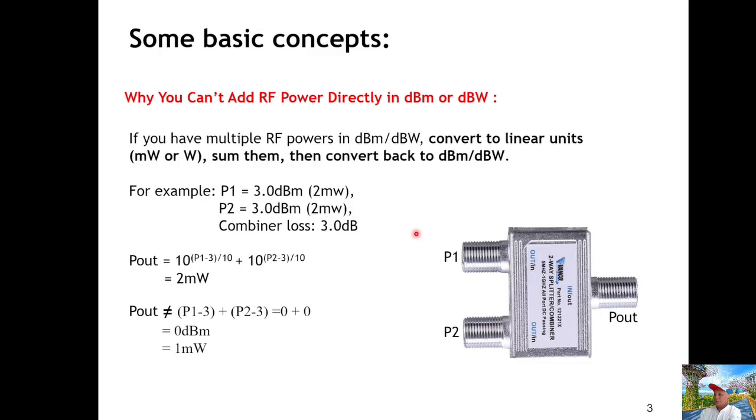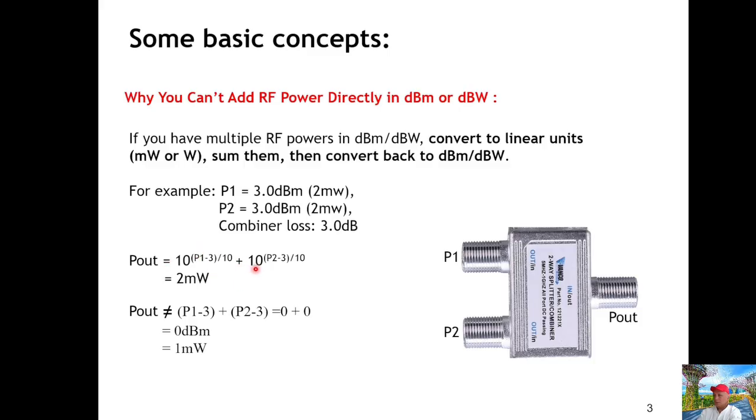For example, if we have an RF combiner here, with two RF power inputs to the two input ports, and the output is here. Let's make it simple: the first RF power is 3 dBm, which is 2 milliwatt. The second one is the same, 2 milliwatt, 3 dBm. The combiner loss is 3 dB. So the output power should be calculated this way.